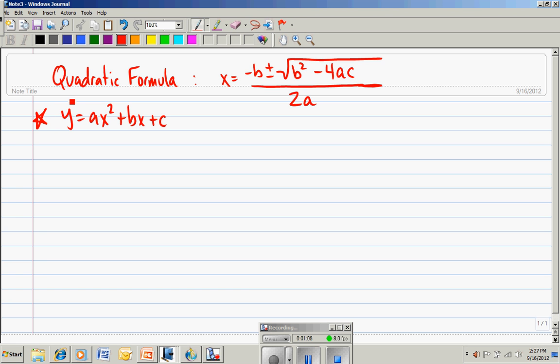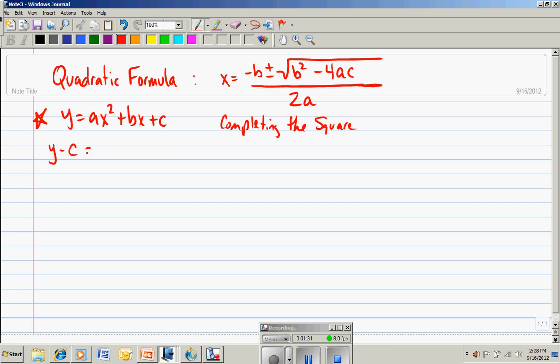You know the basic formula for a quadratic is y equals ax squared plus bx plus c. And by completing the square, we can actually begin the process of deriving the quadratic formula.